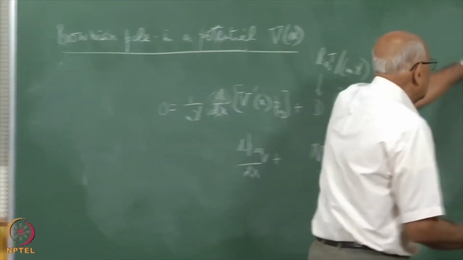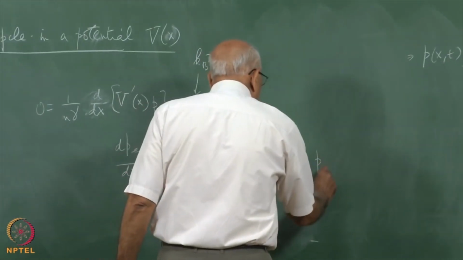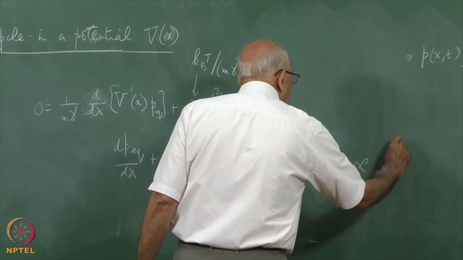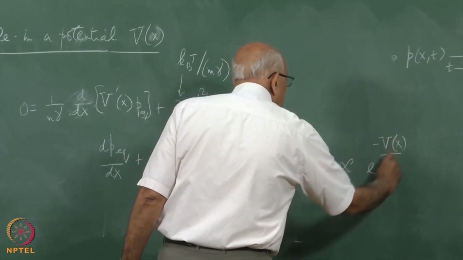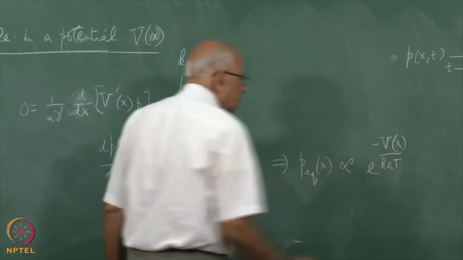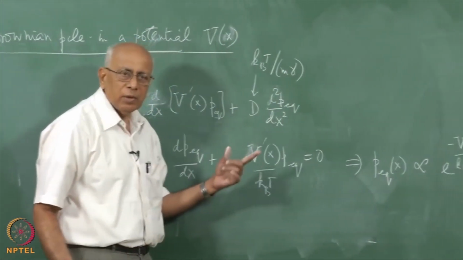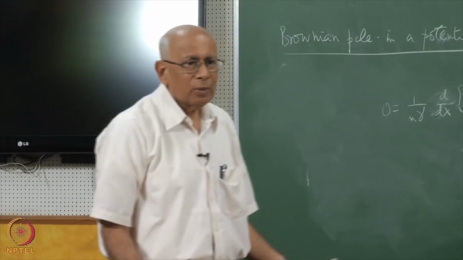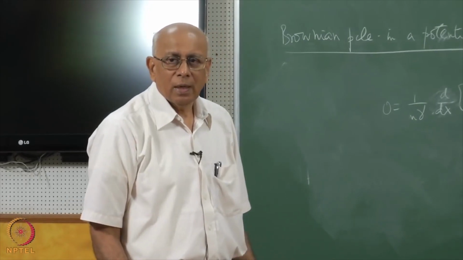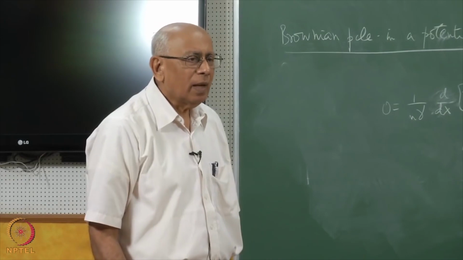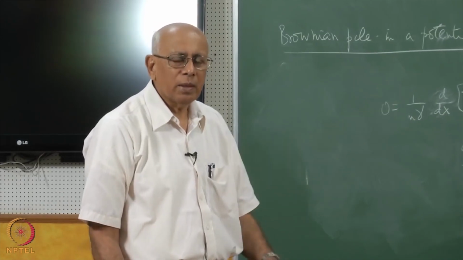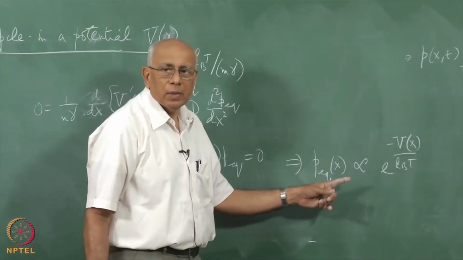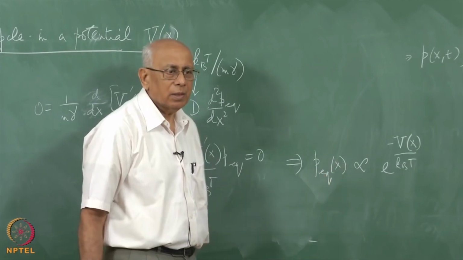This implies p equilibrium of x is proportional to e to the power minus V of x over k Boltzmann T. The integral of V prime of x is V of x, and that is just the Boltzmann factor, which is what you expect in equilibrium: e to the minus the Hamiltonian over kT, and the Hamiltonian has a kinetic part which you took care of separately, and then a potential which is precisely this. Okay. So this checks.